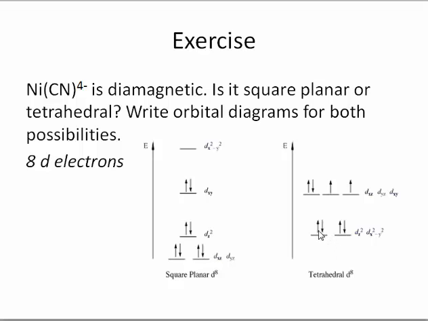The tetrahedral high spin arrangement, on the other hand, looks like this. Since this species with 8 d electrons would be paramagnetic in a tetrahedral geometry, we know that its geometry must be square planar, which permits all electrons to be paired.